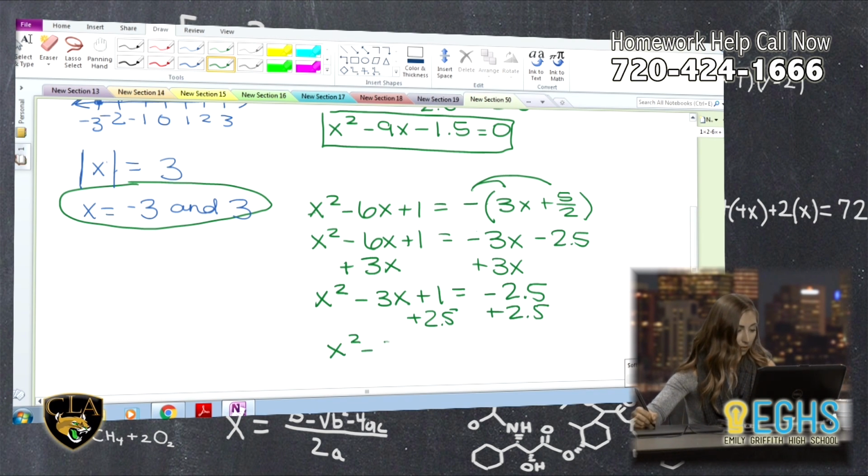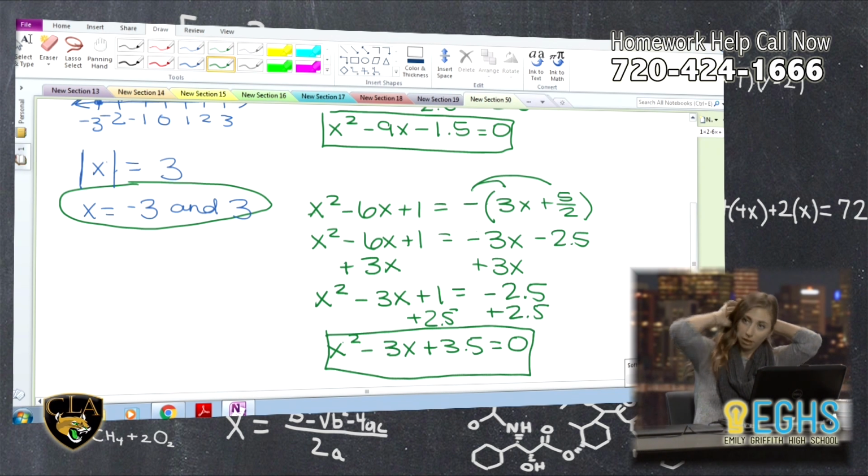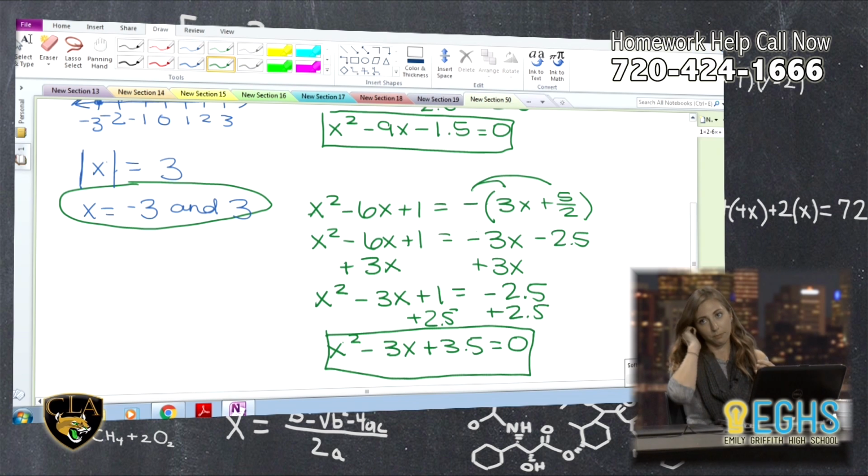So I end up having x squared minus 3x plus 3.5 is equal to 0. So these are my two equations that I'm going to need to use the quadratic formula with. All I did really in between these two steps is a lot of algebra to make it into general form. And I've got two equations that I still have to solve here.